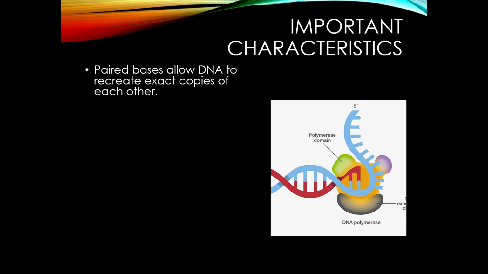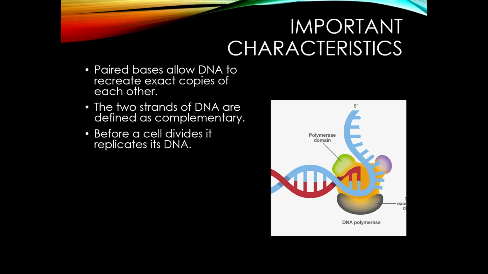That is why it is possible for DNA to create exact copies. The two strands of DNA are defined as complementary. They are complementary because one cannot exist without the other, and basically, they are pairing up extremely specifically, one paired base with another paired base.